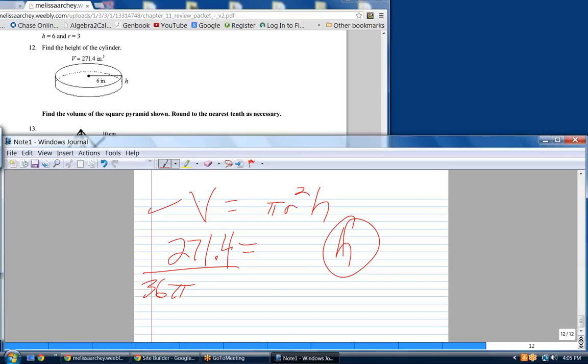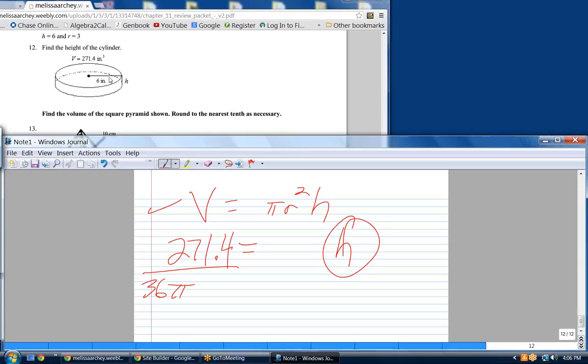In other words, our equation has 3 variables: volume, radius, and height. Pi is not a variable. So they can give us any 2 of the 3, and we can calculate the other one, because we'll be able to write an equation that only has 1 variable. Maybe they give us the volume and the height.